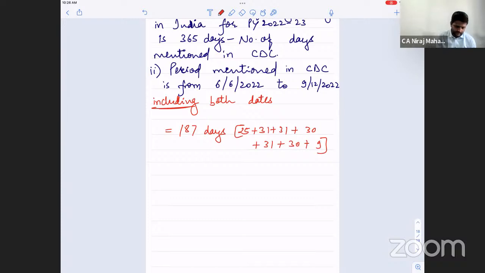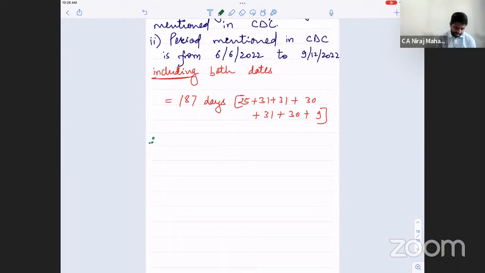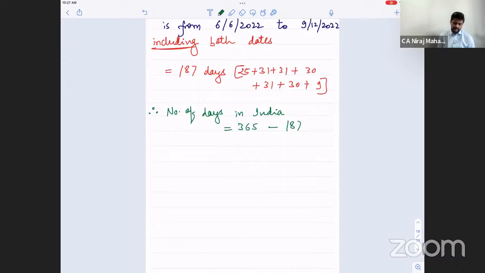Therefore, next one is very important. This period is included or excluded? Excluded. Therefore, the number of days in India will be 365 total days minus 187. 187 is not to be considered at all in India. So remaining is 178 days.